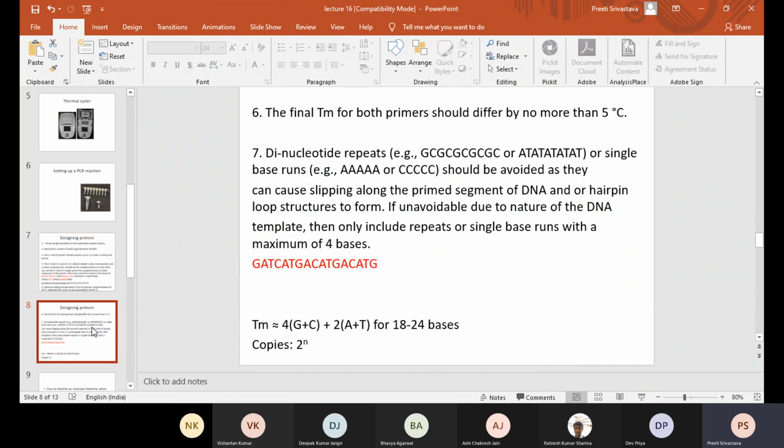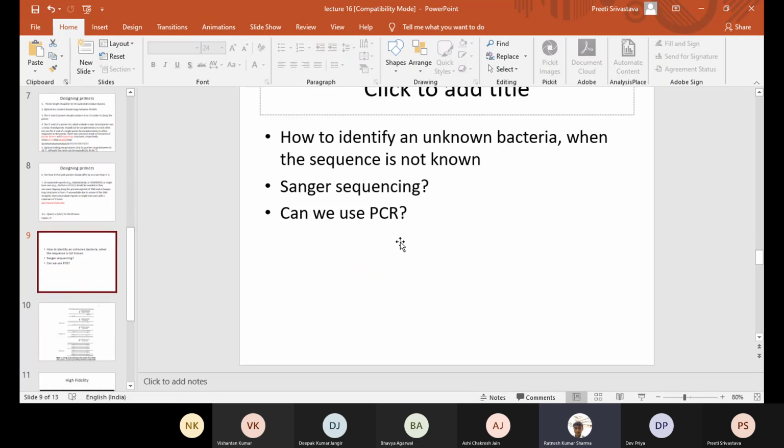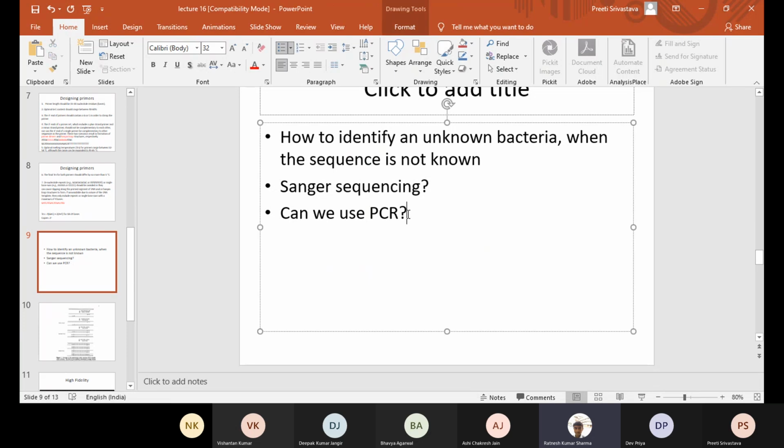Okay. The next rule, I think Ratnesh, you were saying something. Ma'am, I was saying we have a 200 base pair sequence and we want to amplify it. For amplifying it, we have to bind a primer.